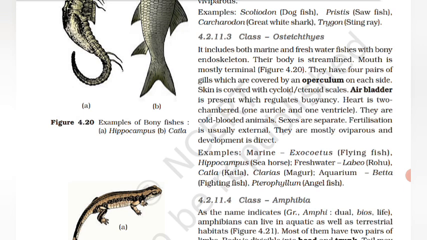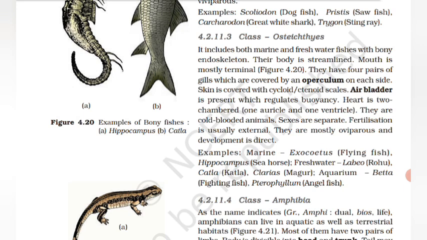Skin is dry without glands except the oil gland at the base of the tail. Endoskeleton is fully ossified, bony, and the long bones are hollow with air cavities, that is pneumatic.